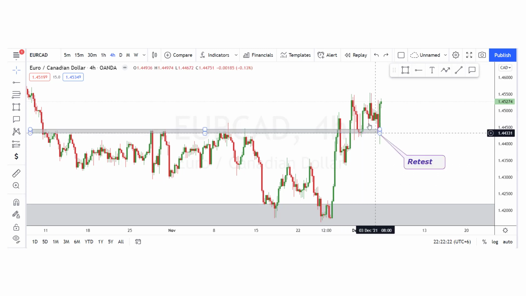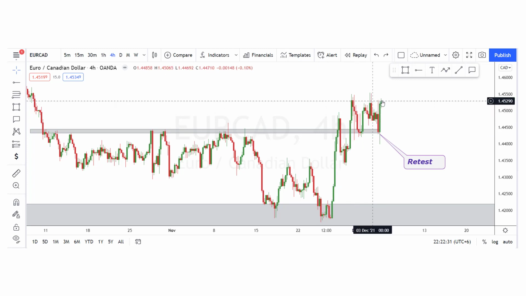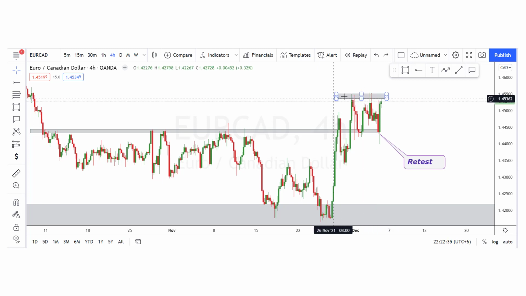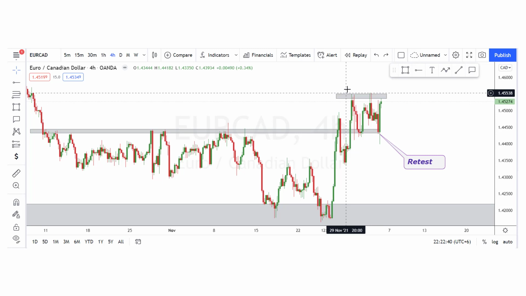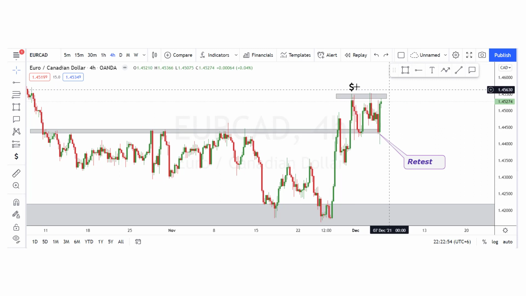So this is our retest area, and if you see this area right here, price broke this resistance area and kind of created a minor resistance in this area as well. So this is another resistance area right here, and as price created a resistance right here, price also has some SL pool just above this resistance area. So this is the SL target for price right here. So that was from the 4-hour time frame.